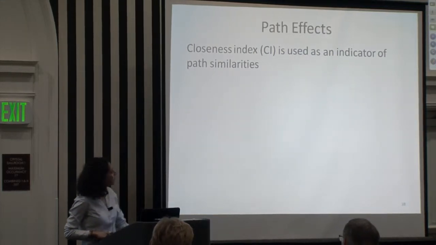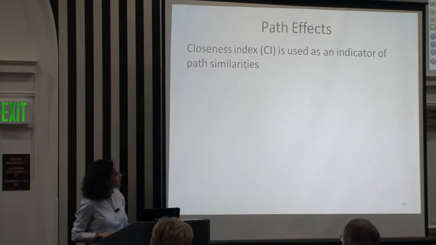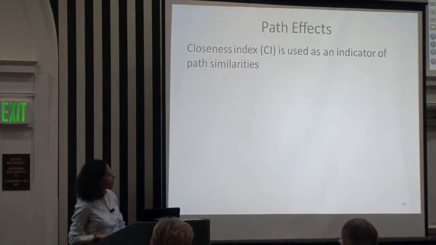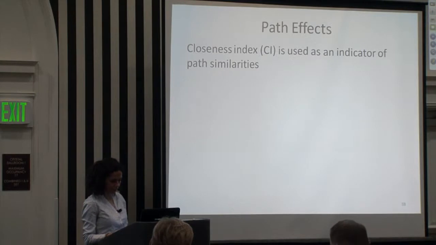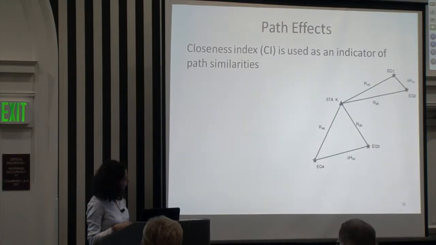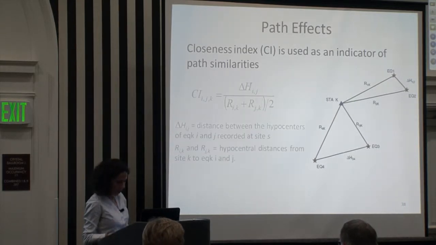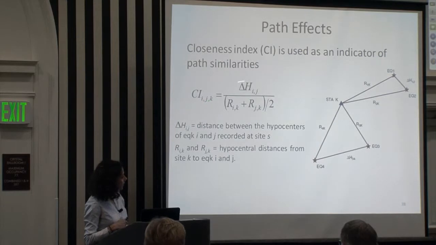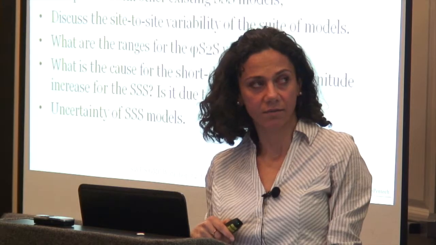One thing with the path effects is we can look at the closeness index as a proxy to see how similar paths are. This is based on the Lin et al. paper. Basically, if you have a station that recorded 2 earthquakes, you can compute the closeness index for the path from these 2 earthquakes to this station, and this is equal to the difference in the hypocentral locations divided by the sum of the distances to the station divided by 2.